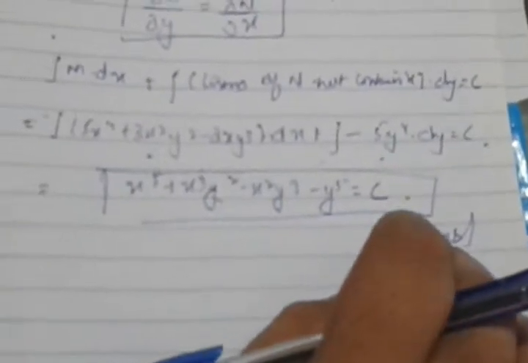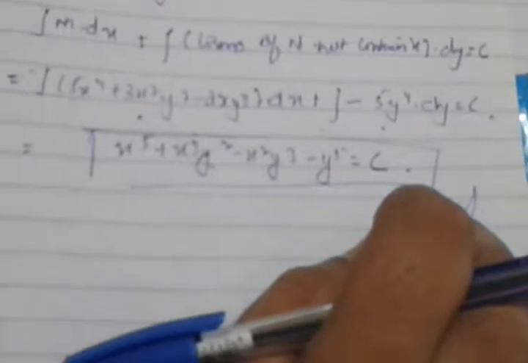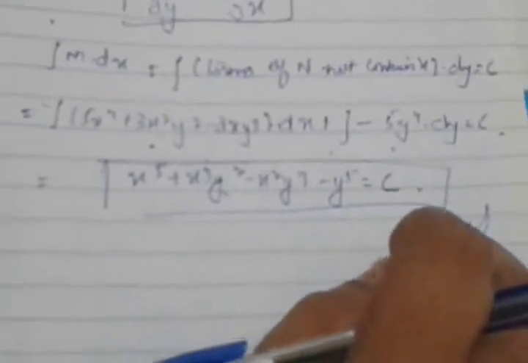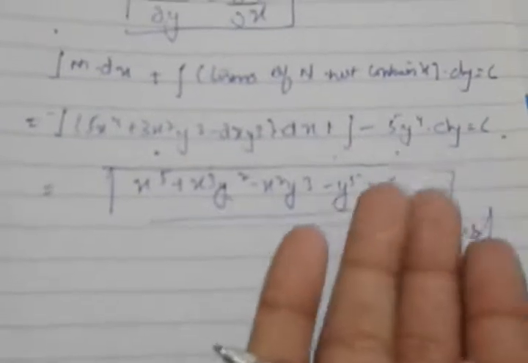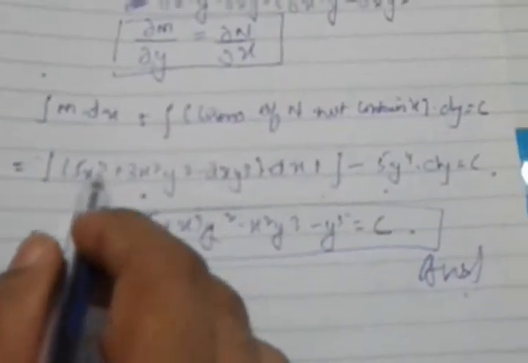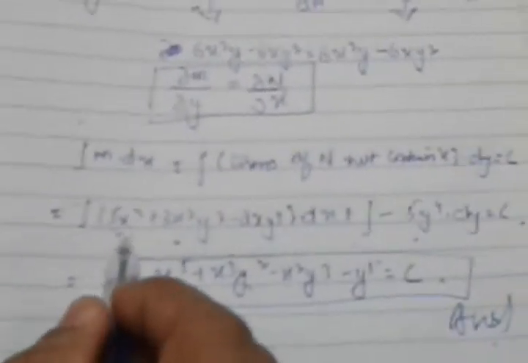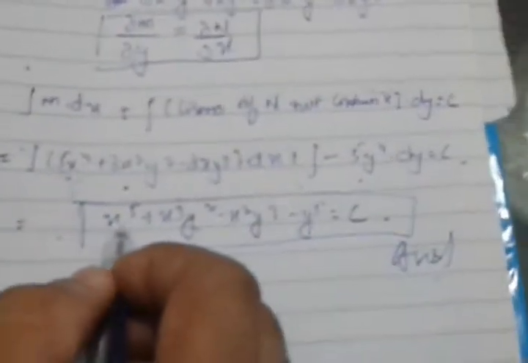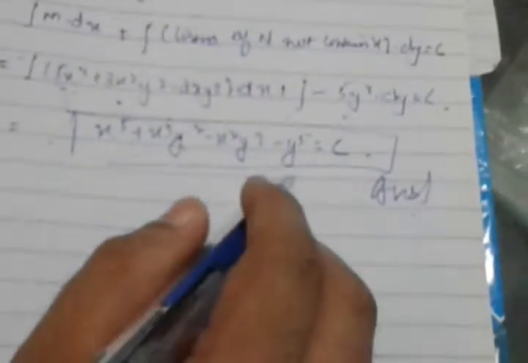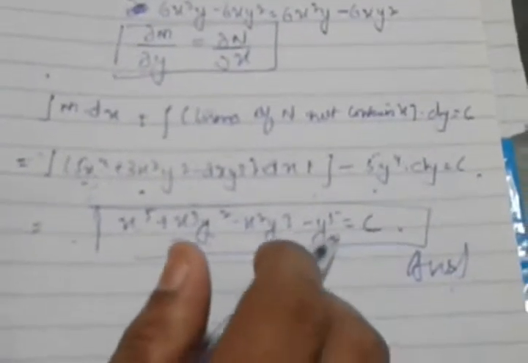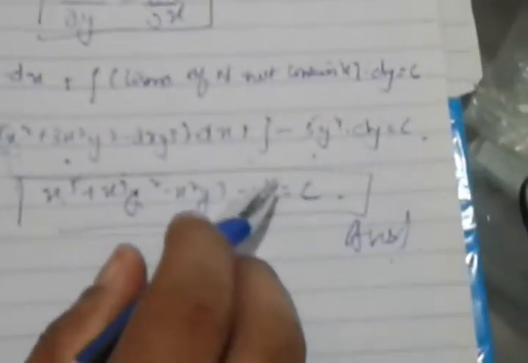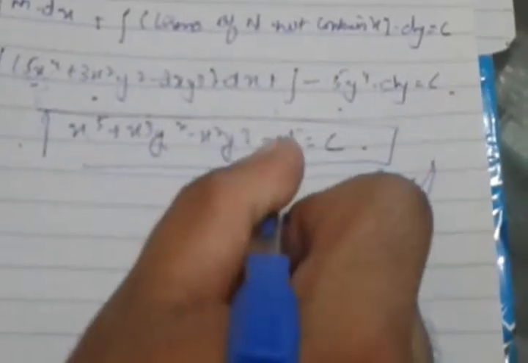So this is the answer of the differential equation solved by the exact method. We have performed simple integration: add 1 to the power and divide by the same power, the 5 will be cancelled by 5, so we get x^5.